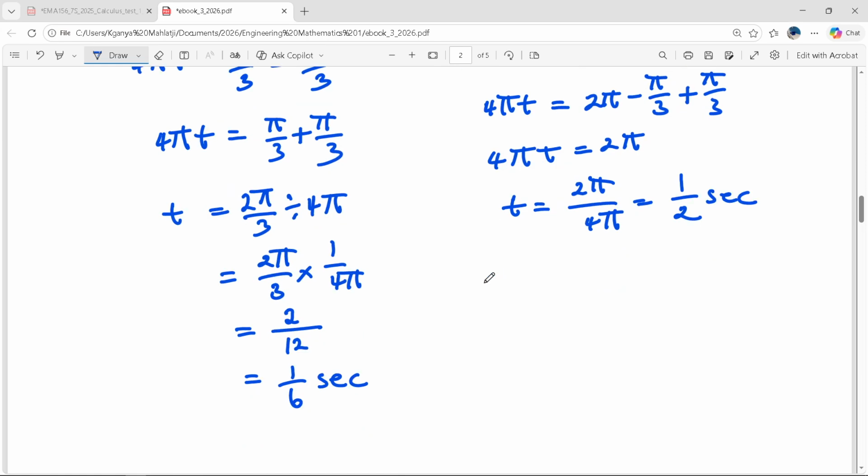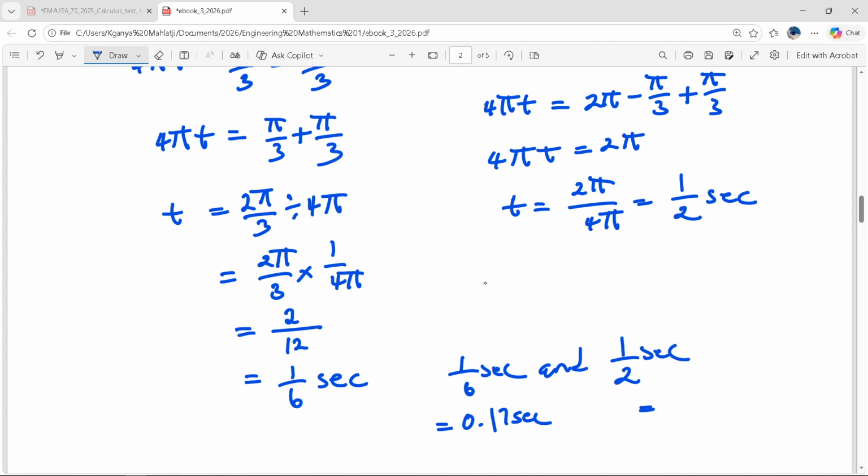But between 1 over 6 and 1 over 2, which one comes first? 1 divided by 6 equals 0.17 seconds.